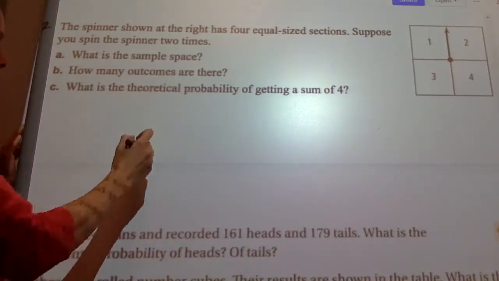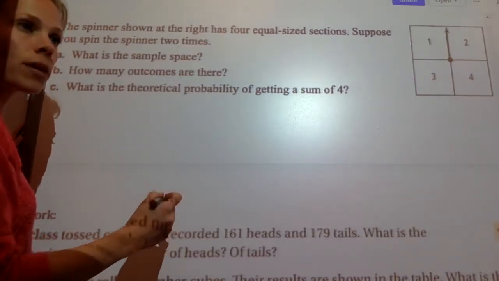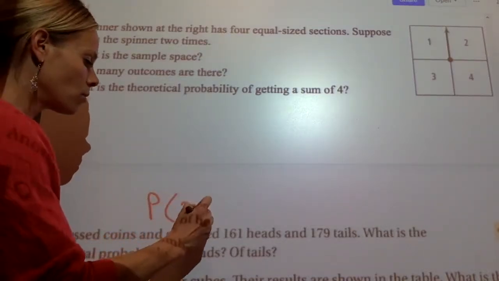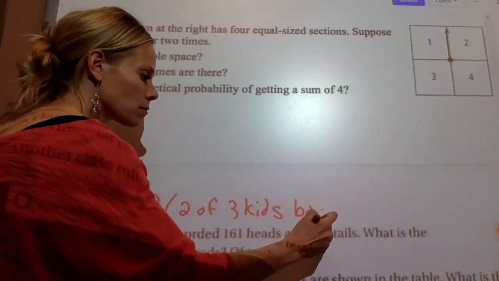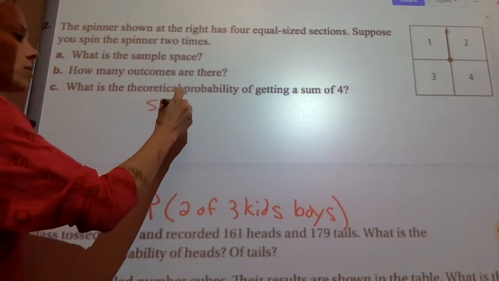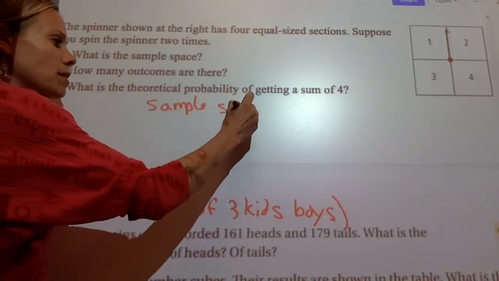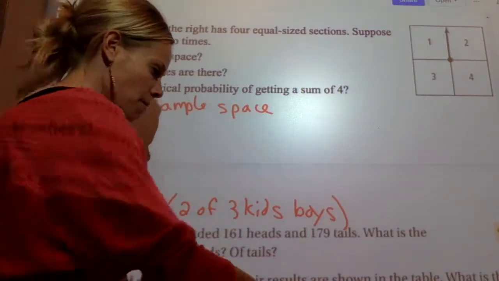Okay. Another example would be, what if I was going to have 3 kids, right? Probability, if you had 3 kids, what's the probability that 2 of the 3 kids are boys? So to figure that out, I'd first need to find what my sample space is. So what are all the combinations of having 3 kids?